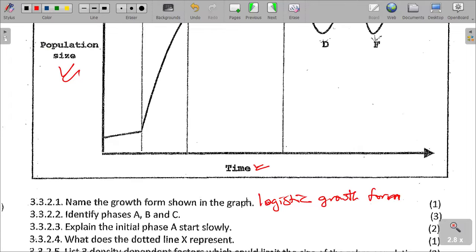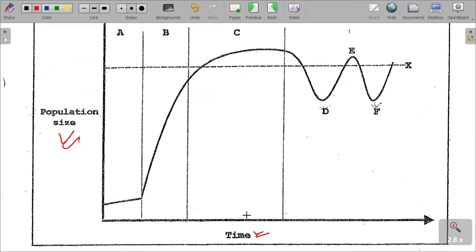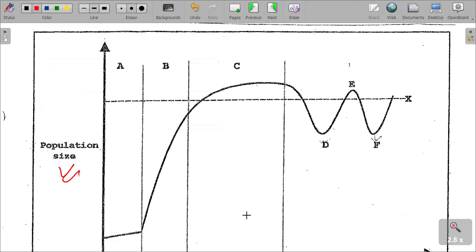Identify phases A, B, and C. What are phases A, B, and C? A is the establishment phase.